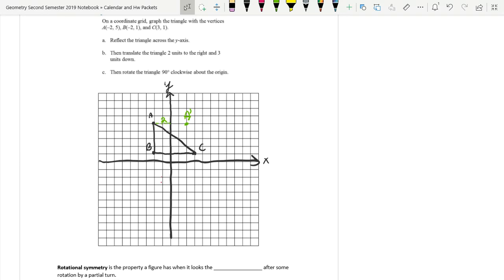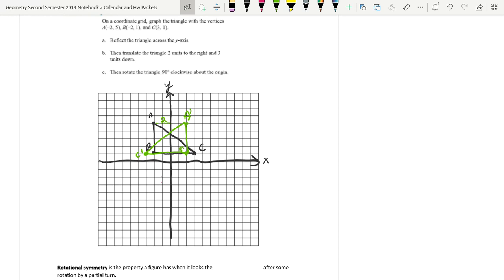How far is B from the line of reflection? 2. And so I'm going to put B prime over here. How far is C from the line of reflection? 3 units. So C prime. And I have my reflection.